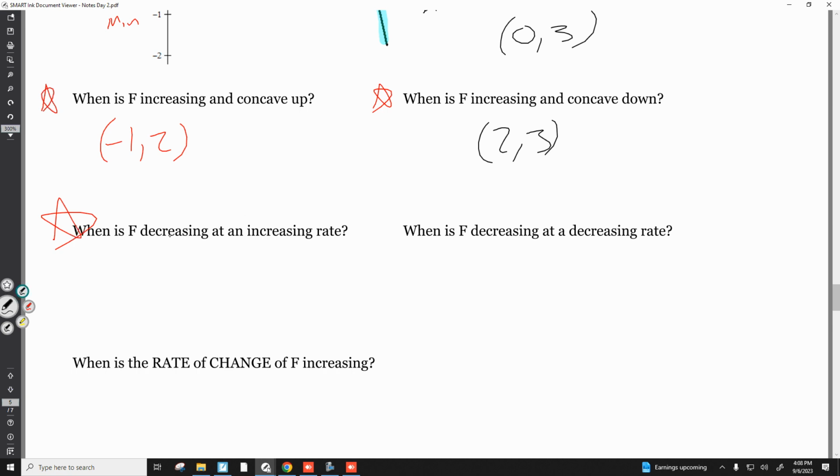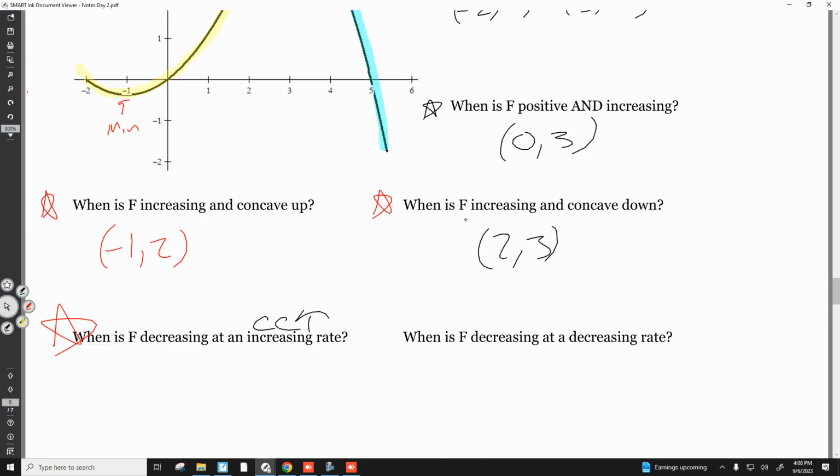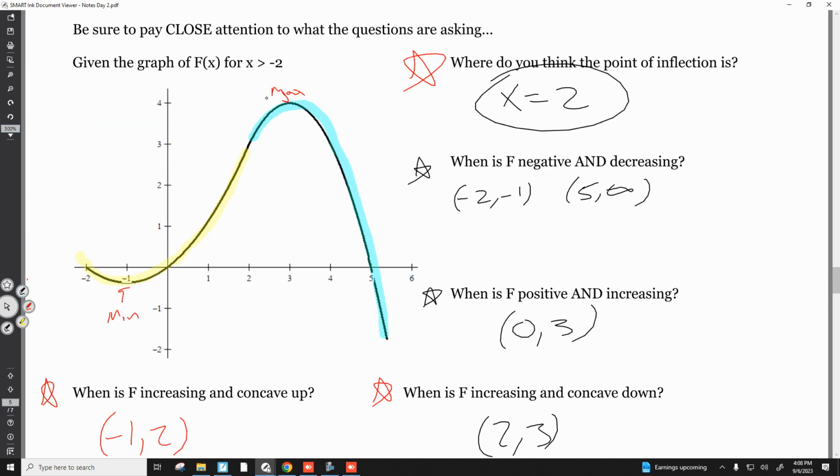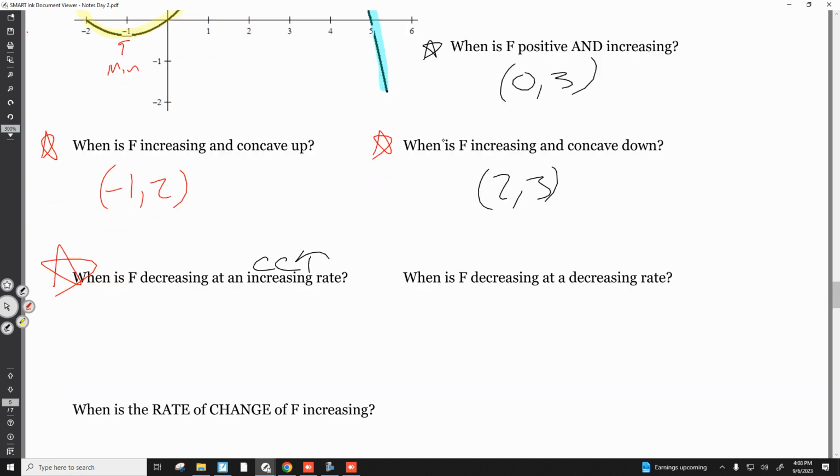Decreasing at an increasing rate is decreasing concave up. If my rates are increasing, my graph is curving upward. Decreasing at an increasing rate is decreasing concave up. -2 to -1 is our answer.